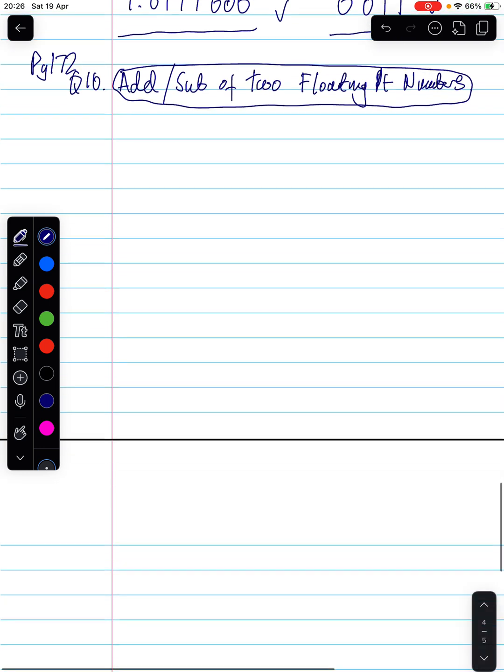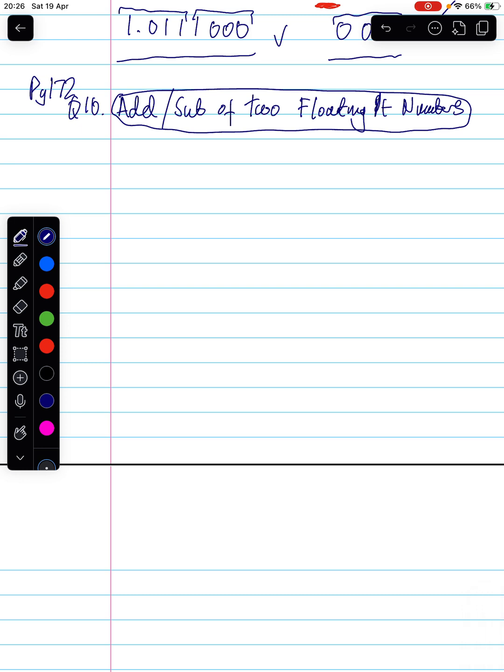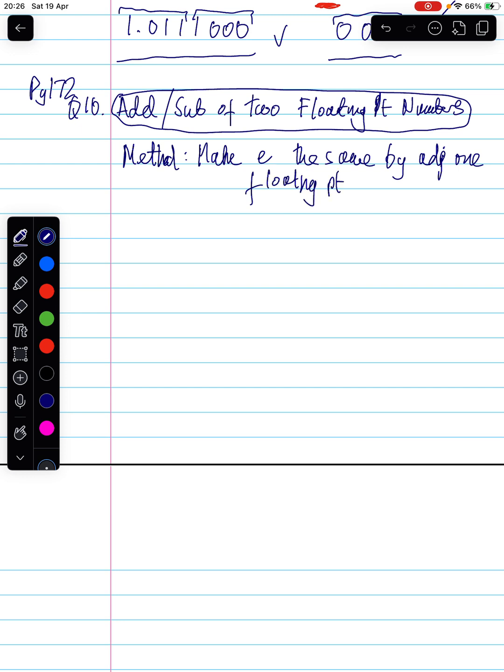Learn the method for each type of question. Right, okay, so now the method is this. We're going to make the exponents the same by adjusting one floating point number.